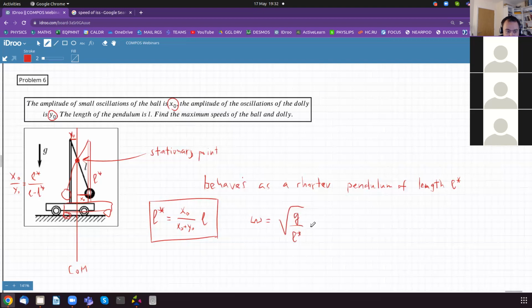So it's going to be G over L star, so x0 over L multiplied by x0 plus y0.